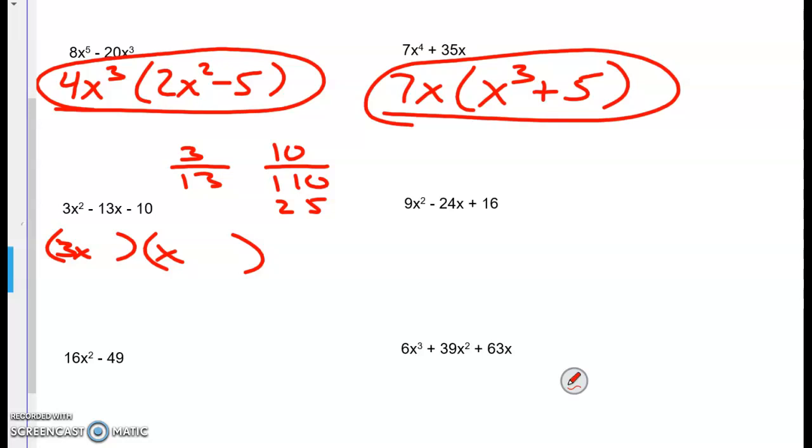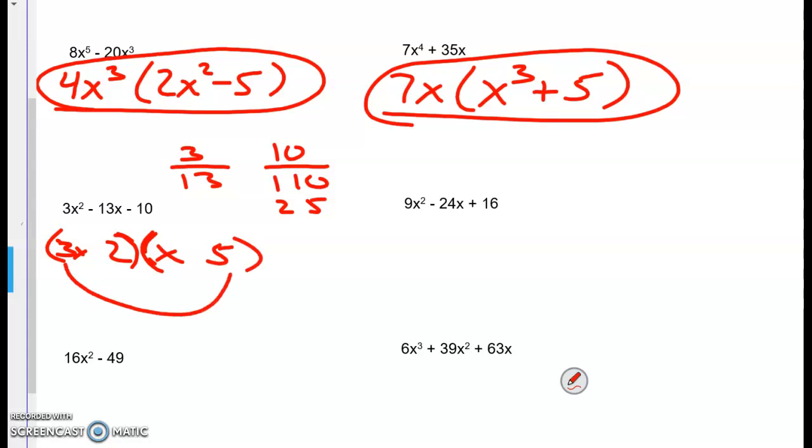Now, if I do it this way to start, is there any way to get 6x and 5x to equal negative 13? No. So if it doesn't work, we need to try something else. Before I go to the new numbers, I'm going to switch where the 2 and the 5 are.